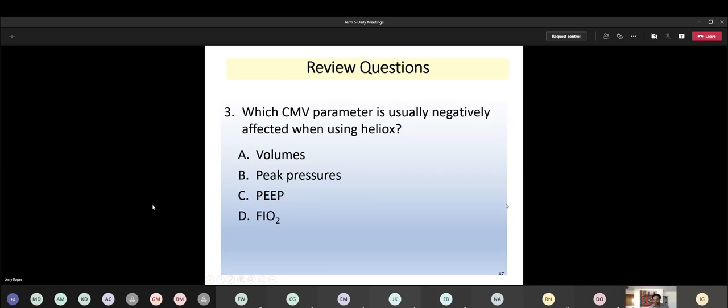Which one of these would be negatively affected if you were using a Heliox with a ventilator that didn't have a dedicated Heliox connection port?